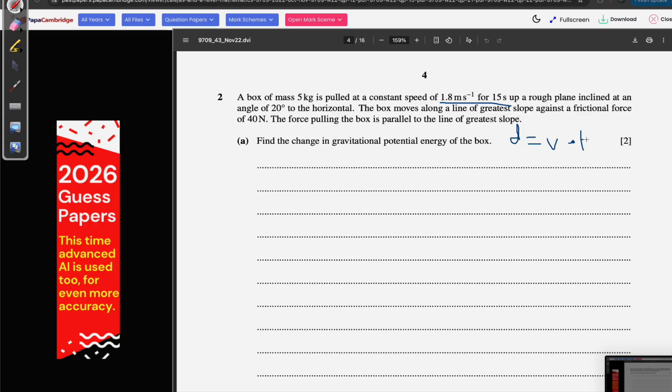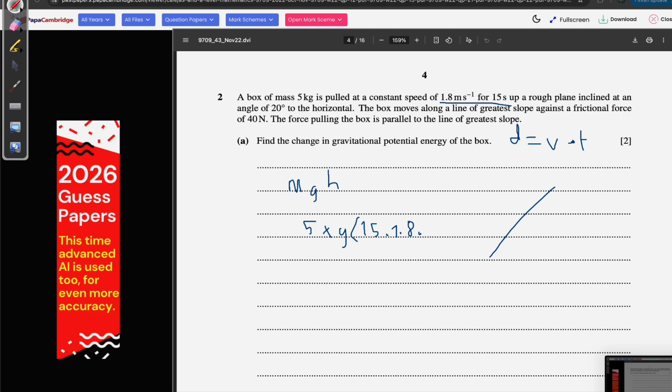So what we're going to do here is just mgh, right? So m is, they gave it, 5, times g times h, which is 15 times 1.8 times, what's it called? Times, since, like, let's draw it.